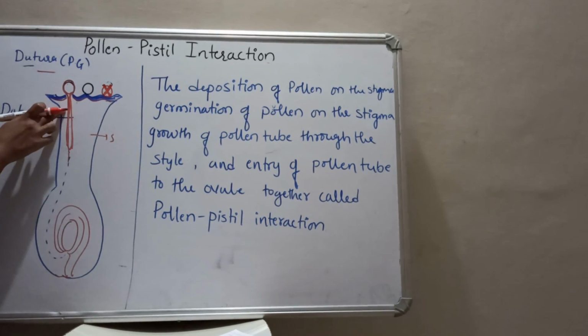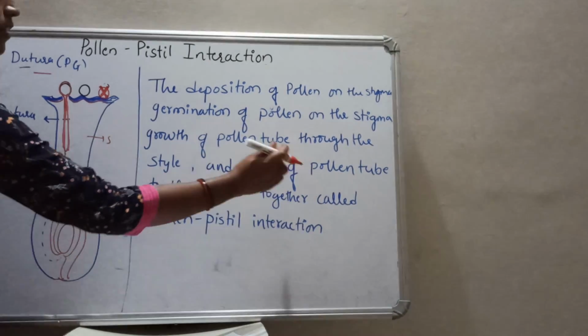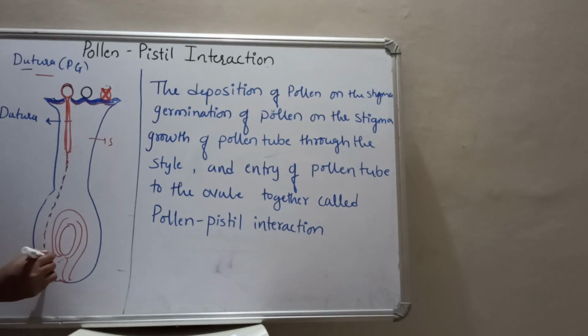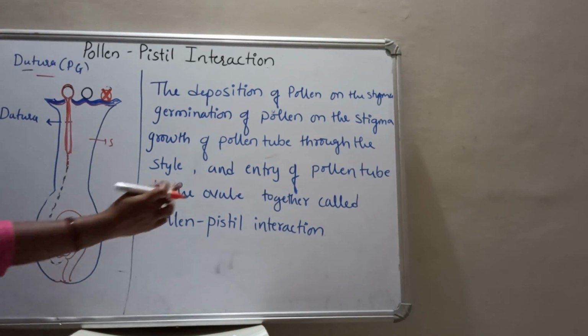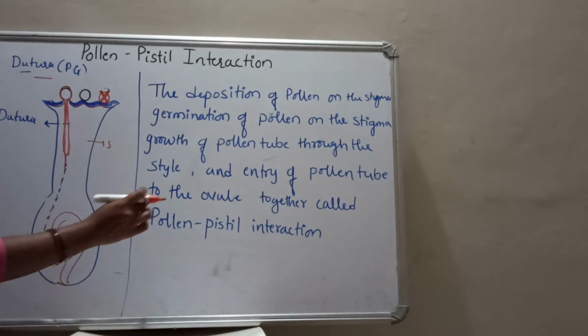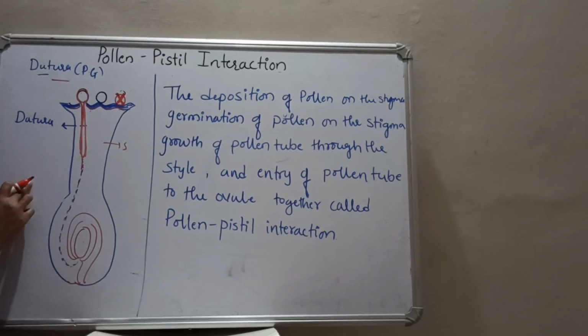The pollen tube grows through the style, and then enters the ovule. The entry of the pollen tube to the ovule, that entire process, is called pollen-pistil interaction.